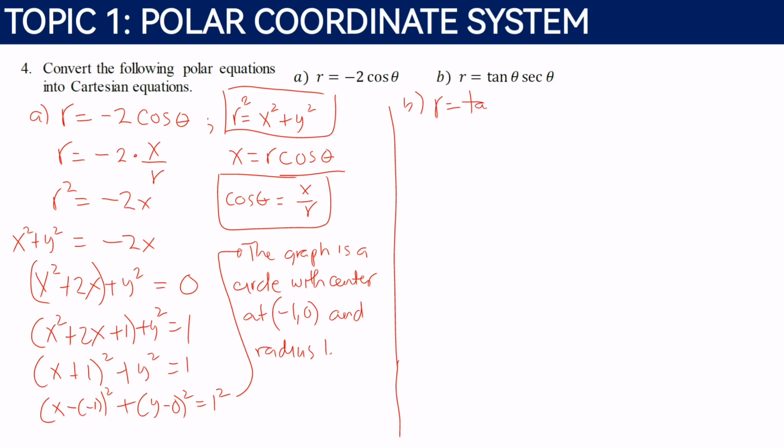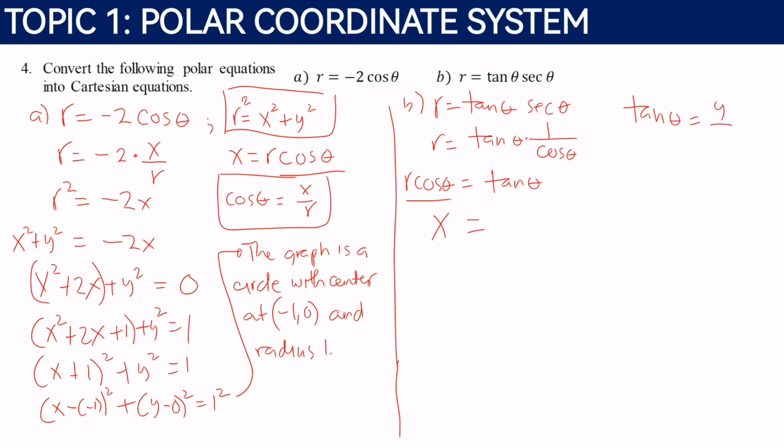That's it. So now let's proceed to B. r equal to tangent theta secant theta, which I can rewrite as tangent theta times 1 over cosine theta. So I will get r cosine theta equal to tangent theta. We know that r cosine theta is x, while tangent theta is y over x.